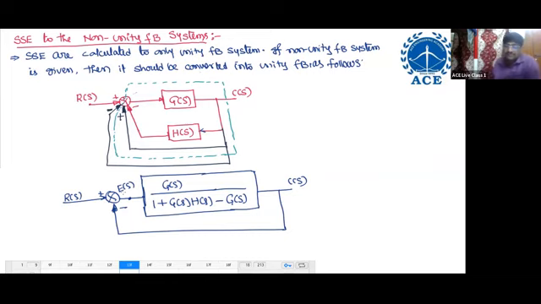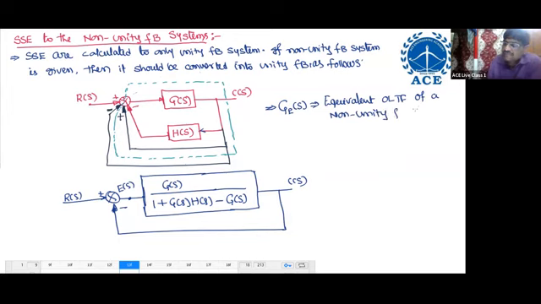Now this function, whatever we got, is called GE of S, the equivalent open loop transfer function of a non-unity feedback system.